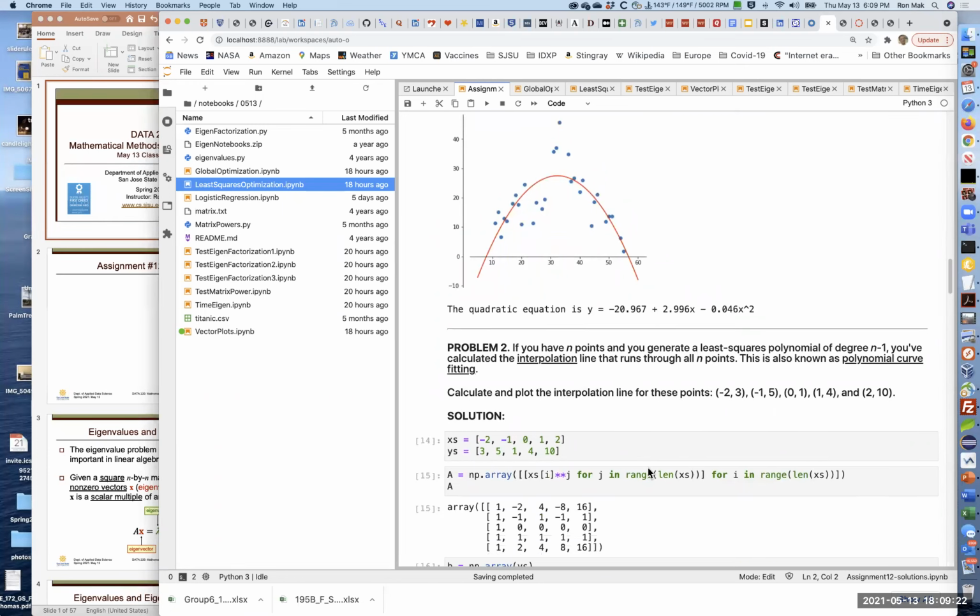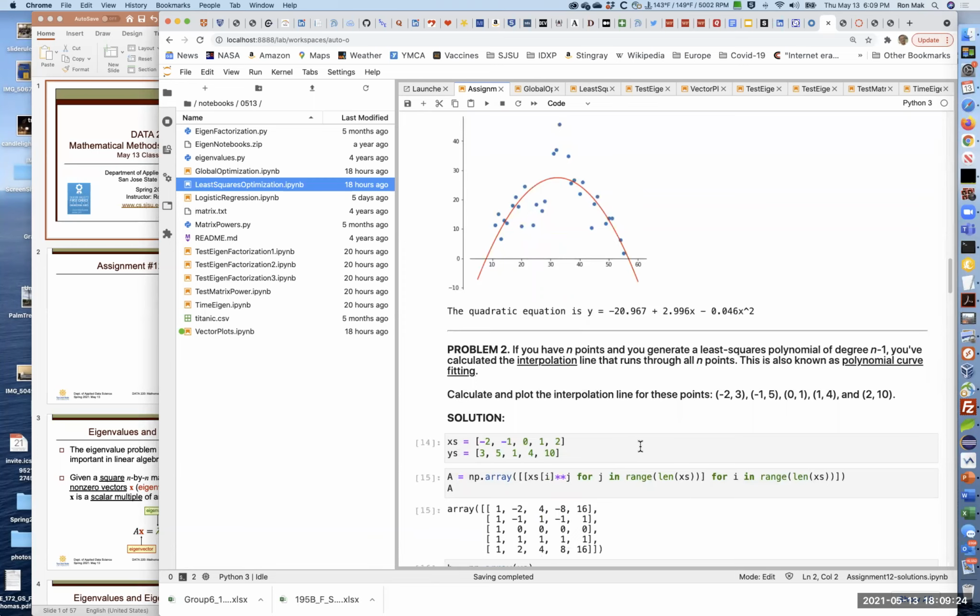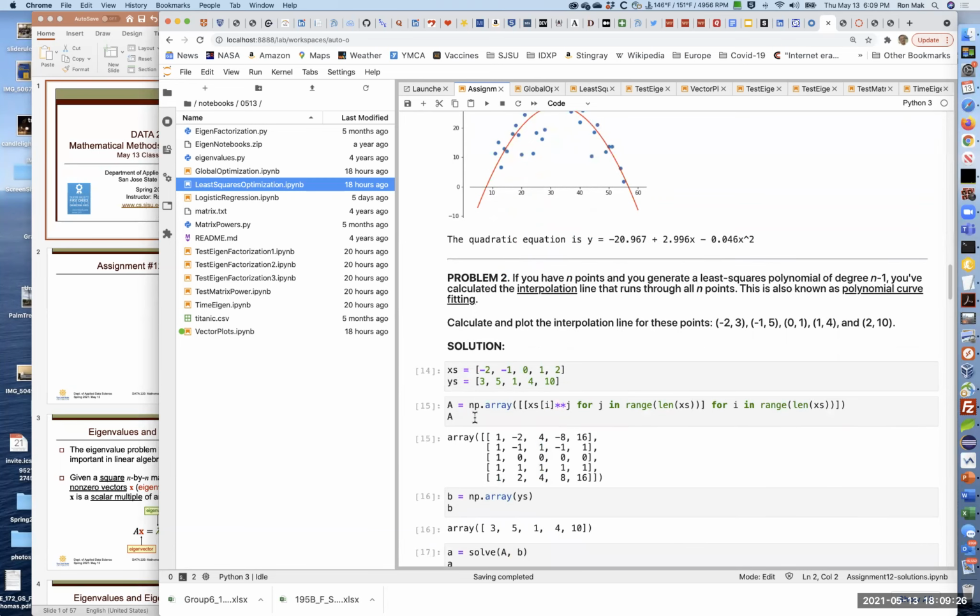Here we are with the x's and the y's, and I'm creating the A matrix, with 1's down the first column. Here are the x's, x squared, x cubed, x to the 4th. These 1's down the first column are really x to the 0th power.